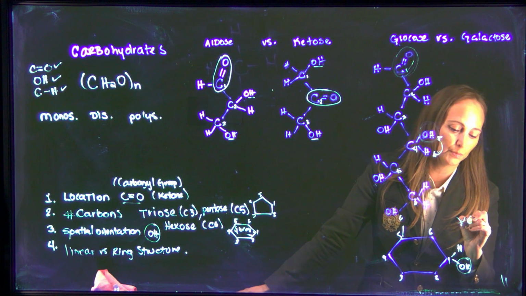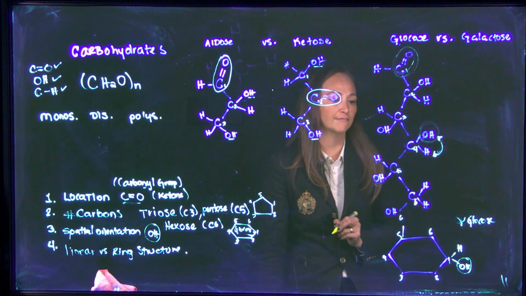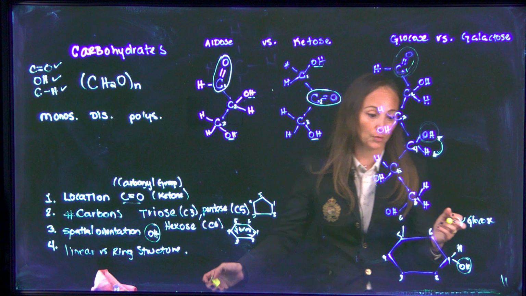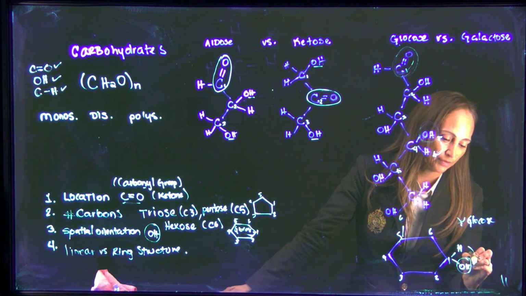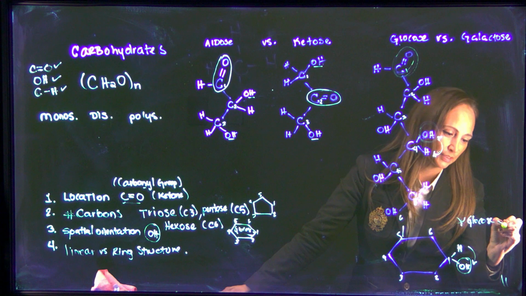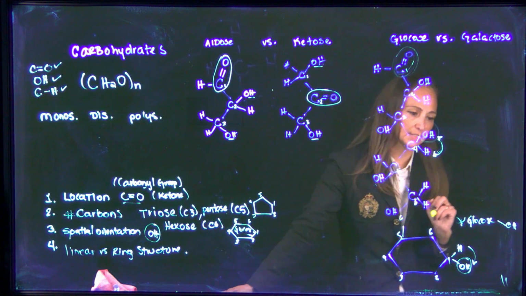So it's going to be an alpha glucose right there. If I end up with the hydroxyl group in a different direction, facing up, it's different. If it's facing down, it's alpha glucose, to have a visual representation.